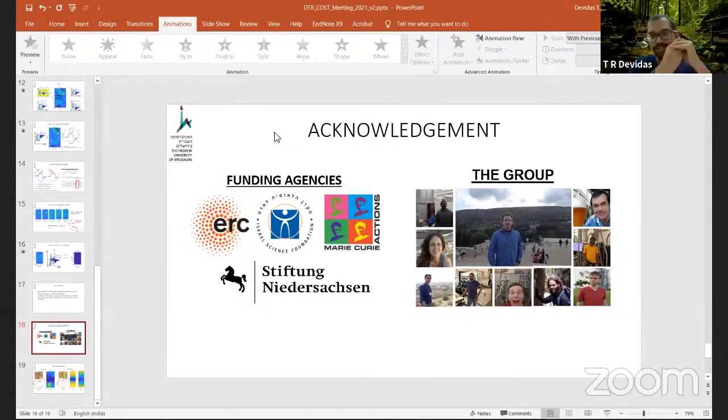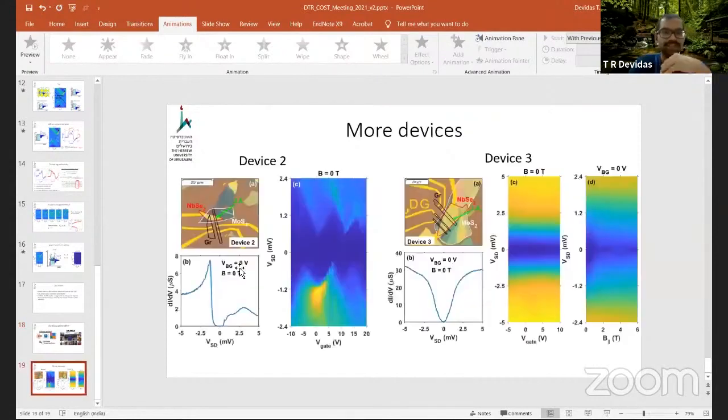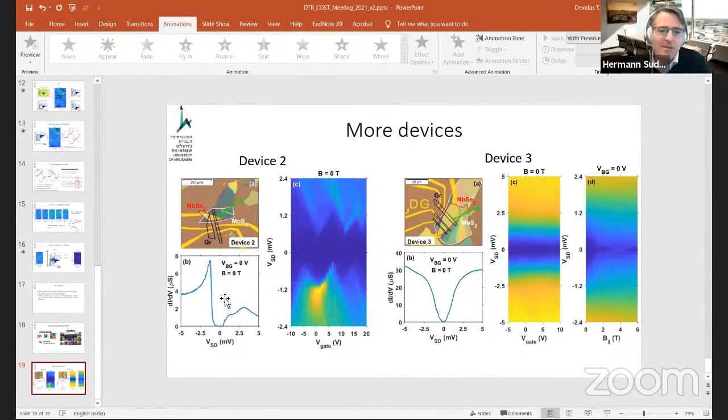We haven't seen any Shiba-like states from the dot till now. We actually have more dots which come up. We did have more devices which gave similar spectra, and all of them reproduced the result I just showed. They help you to get a good spectrum of the superconductor. Okay, thank you.